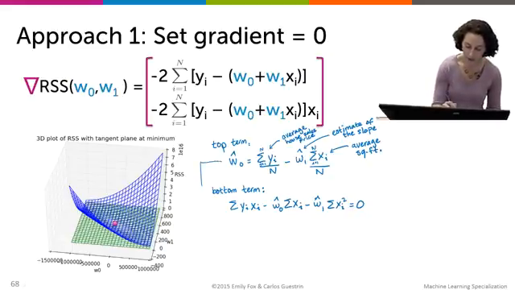And now what I'm going to do is take my equation for W0 hat and plug it in.